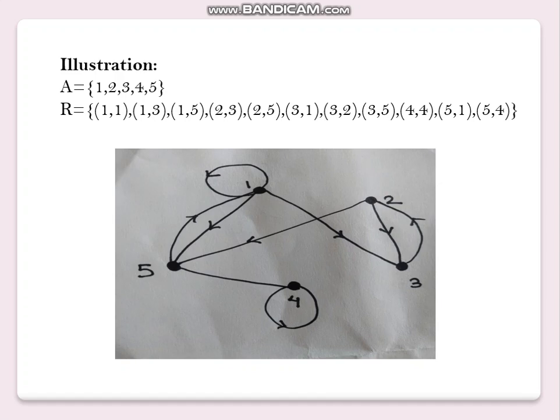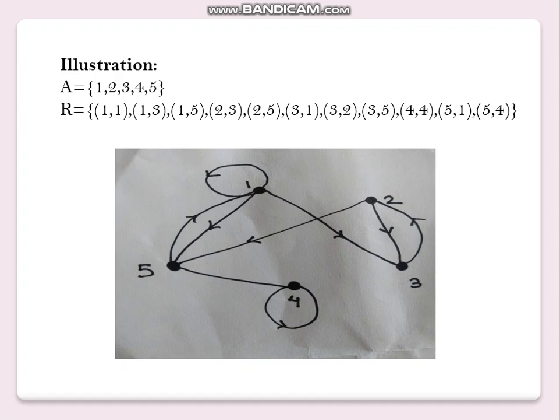Then (1, 3): we have a directed edge from vertex 1 to vertex 3. The order of the vertices could be anything. You can plot them on the page as per your wish or as per your convenience.